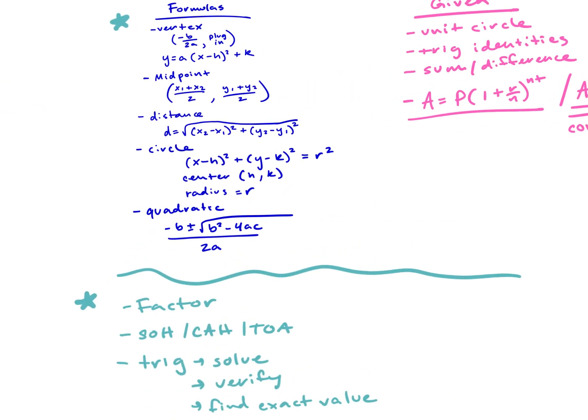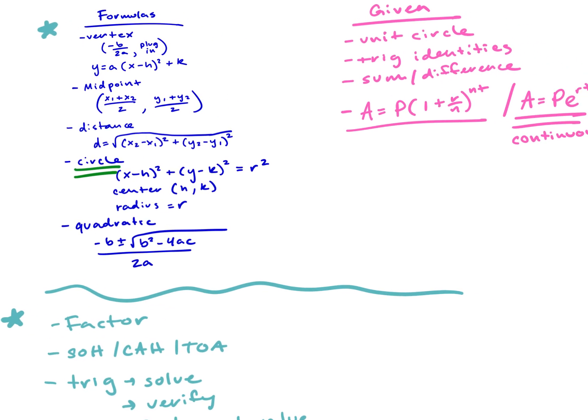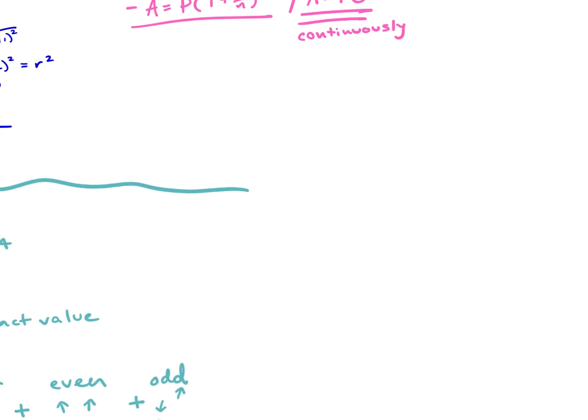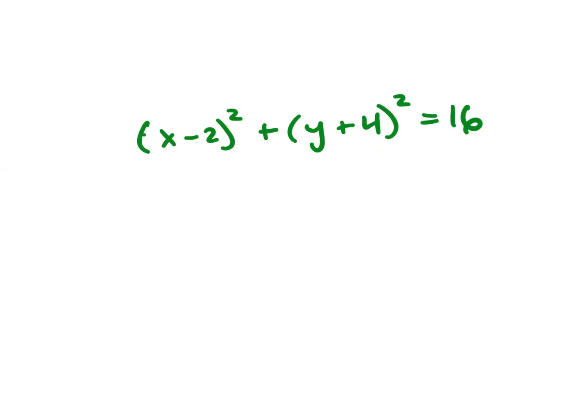All right, so on the extra formulas that you needed to know, you might have a circle question. It could either give you the equation. So let's say we had x minus 2 squared plus y plus 4 squared equals 16. And it could ask you what's the center.